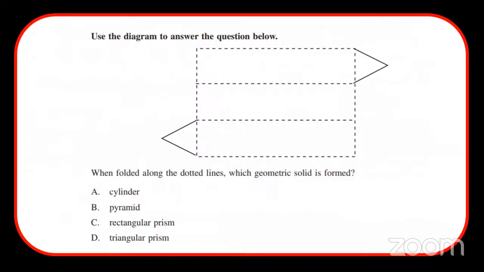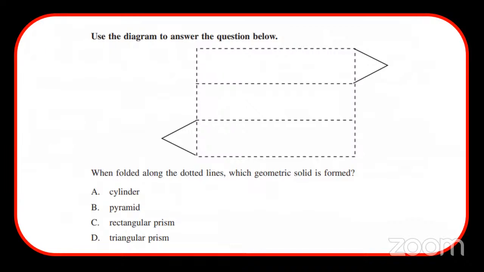How do you know? Samoya says triangular prism. How do you know, Samoya? Why not a rectangular prism? How do you know it's a triangular prism? How do we know? I see a lot of persons saying triangular prism. I see Stallone saying cylinder.